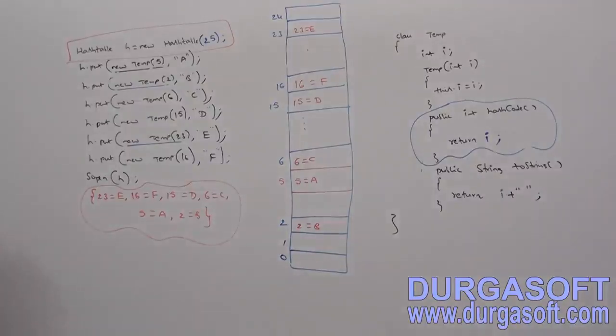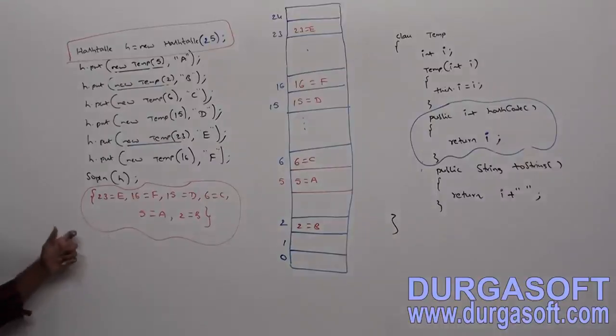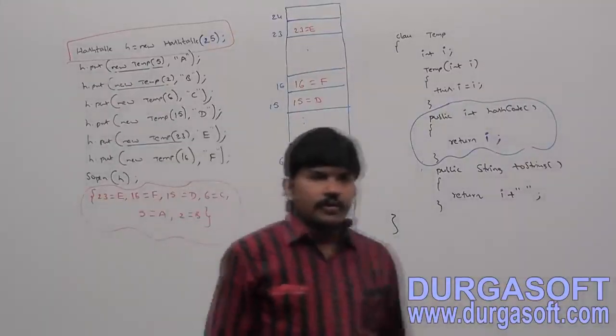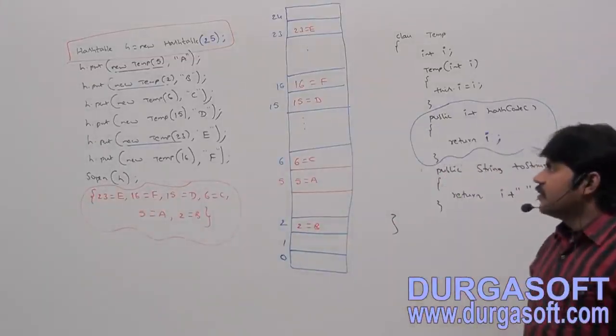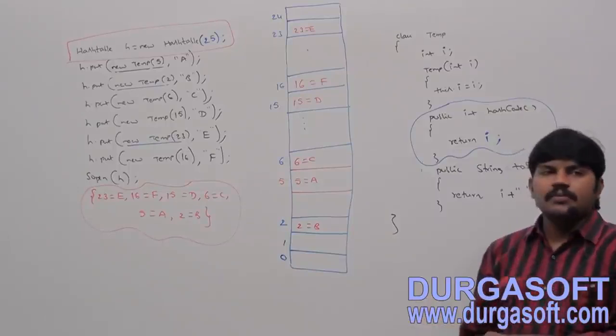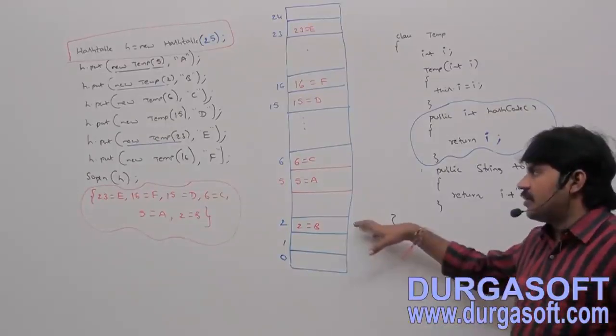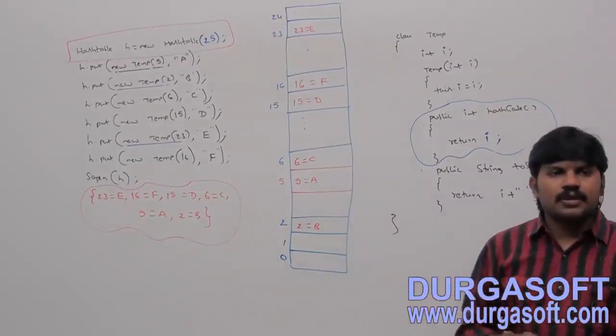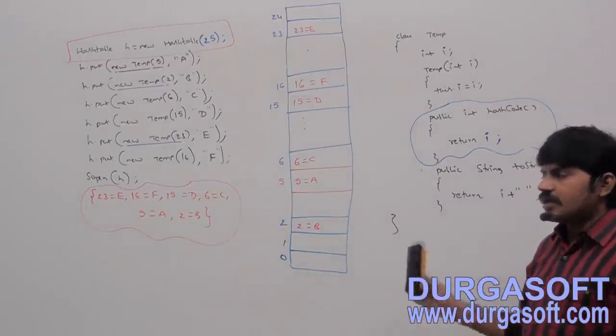Completed, right? 23 is equal to E, 16 is equal to F, like that. So based on the hash code of the keys, the entries will be saved in the hashtable. Practical proof for you people. Okay, that's all. There ends the Hashtable concept.